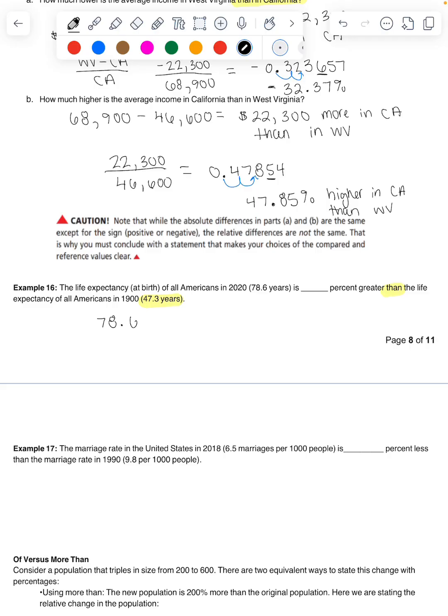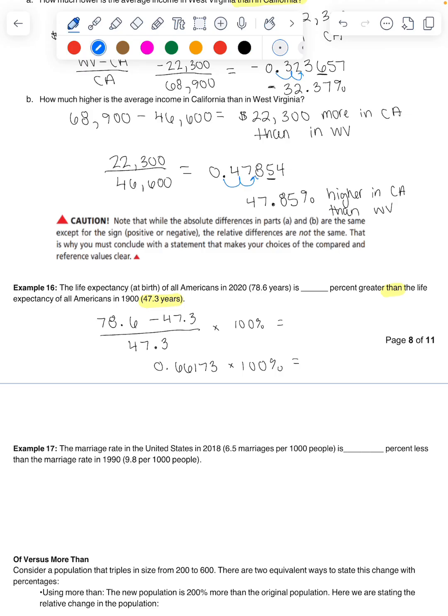So our relative difference is going to be the 78.6 minus 47.3 over 47.3 times 100%. 78.6 minus 47.3 divided by 47.3 is 0.66173 times 100%.